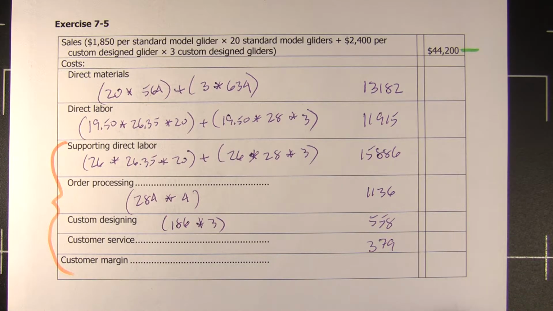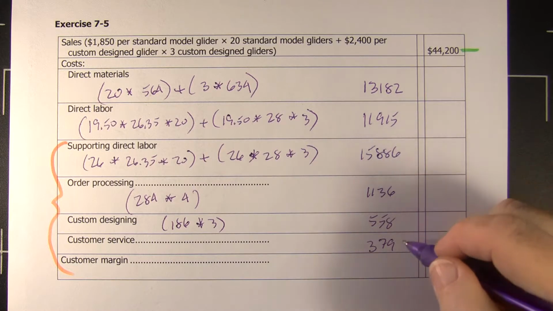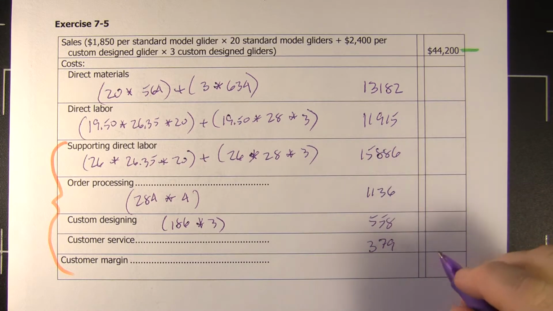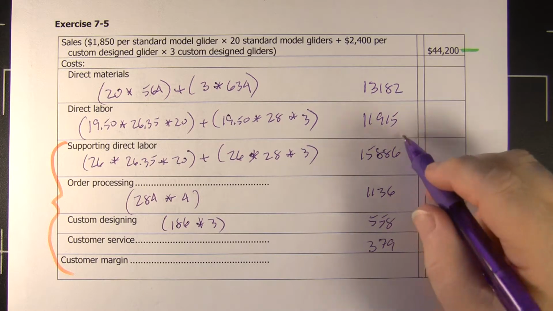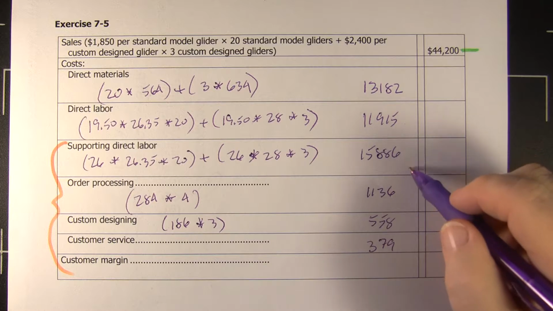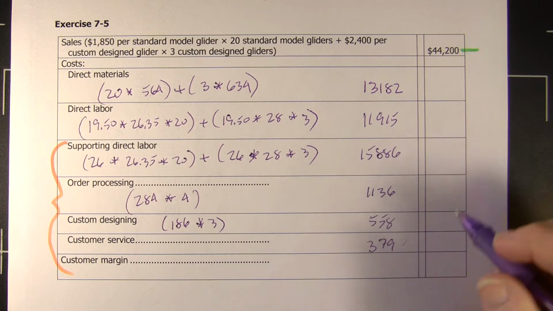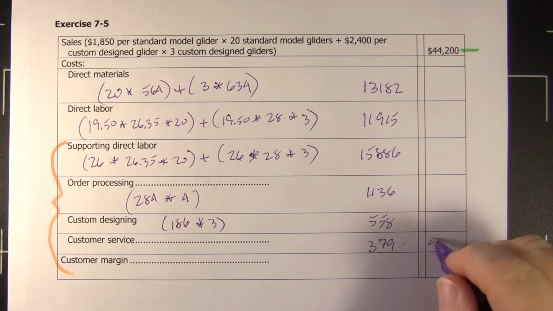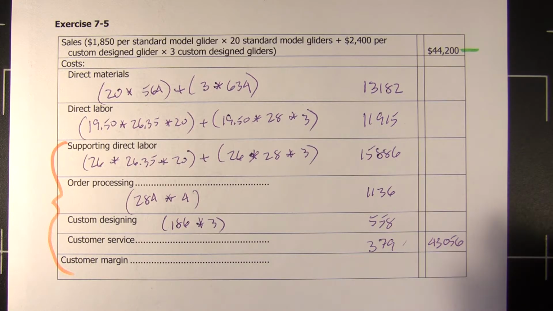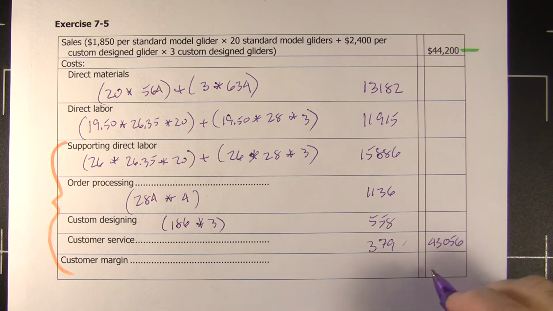So if you add that all up, after you allocate the overhead to this customer, the total cost, direct material, direct labor, and then all the overhead is $43.56. Do the subtraction and we find out that we do all this work for $1,144.